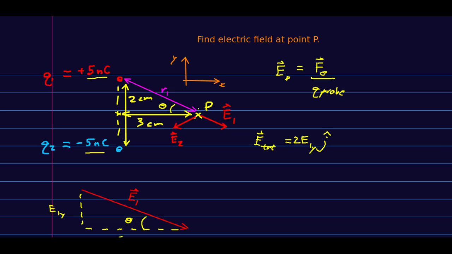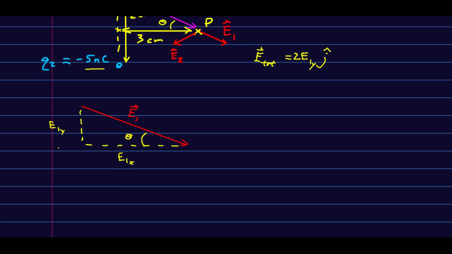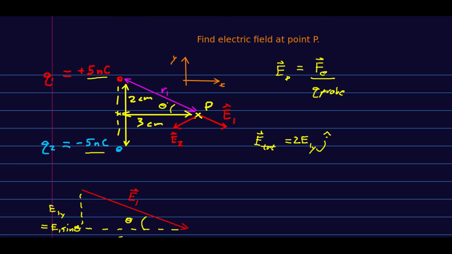I'll note that E1y is negative. Really, all we need is E1y. If you look at the trig that I've already set up here, E1y is going to be E1 sine theta, where this angle theta here is the same as this angle theta here.